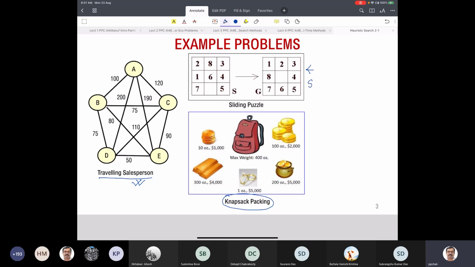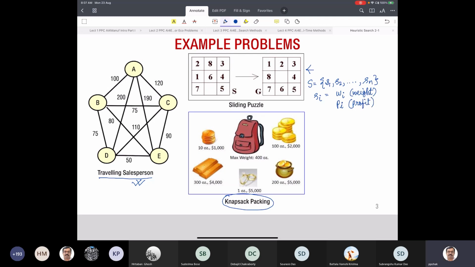So, we have a set of objects S1, S2 up to Sn. Each object Si has a weight Wi and a profit Pi.